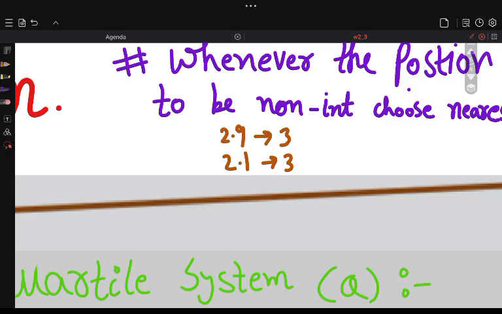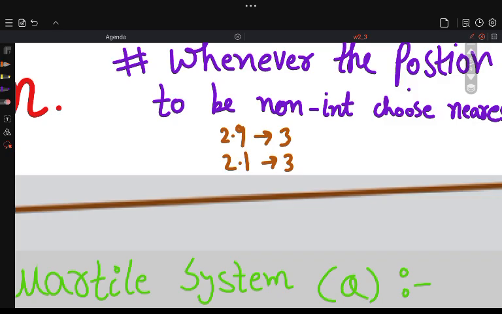Whenever, after doing the unitary method, the answer comes out to be a non-integer, in that case we will round off the data to the nearest integer on the higher side, not on the lower. 2.1 should be rounded off to 2, which makes more logical sense, but there is a formula, we will be learning it further.